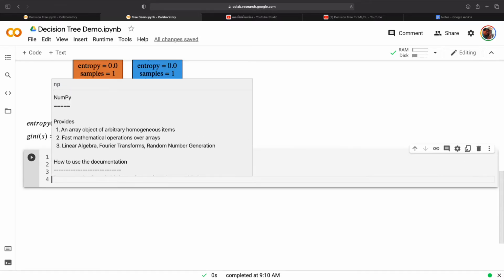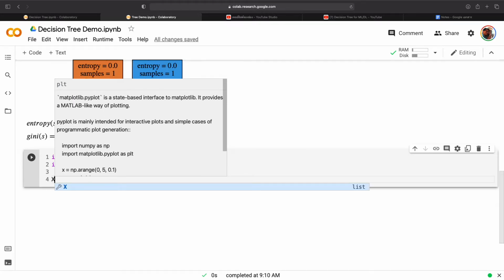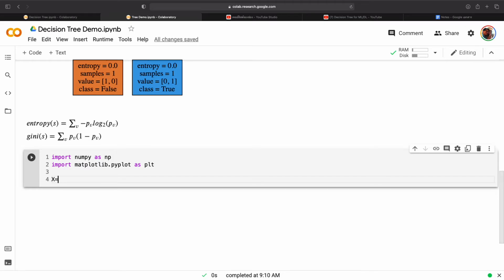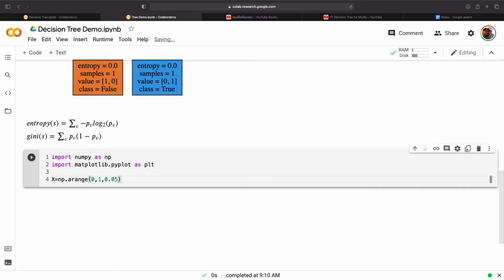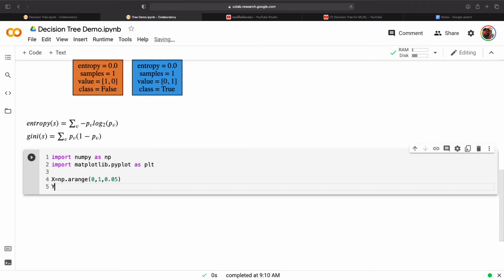And we use matplotlib to show the graph. For the values of x, because this is a probability, x will be the probability of the positive class. So I will use np.arange, starting from 0 to 1, with a step of 0.05. And the values of y for entropy will be a summation over all classes, right?